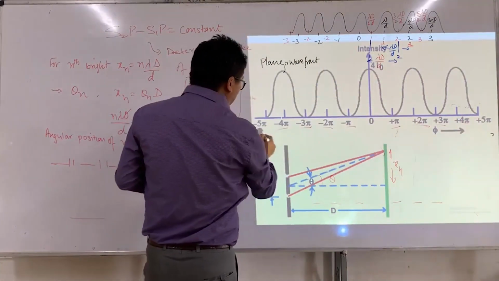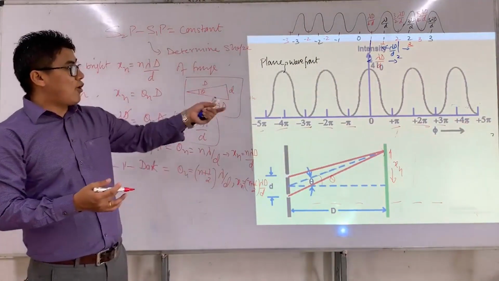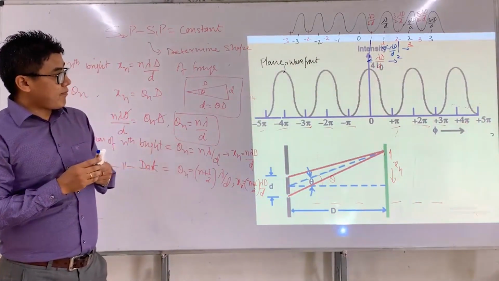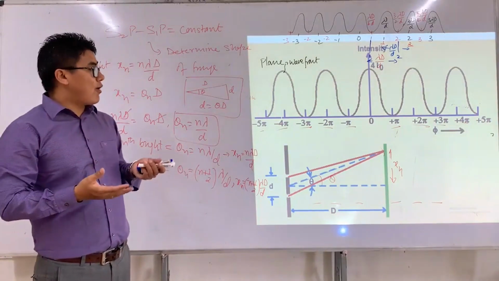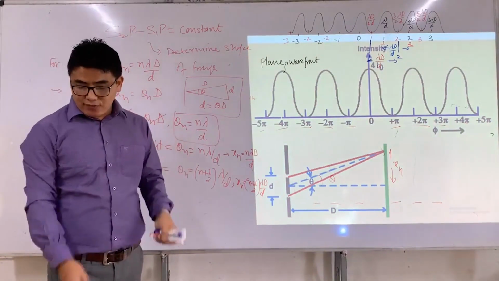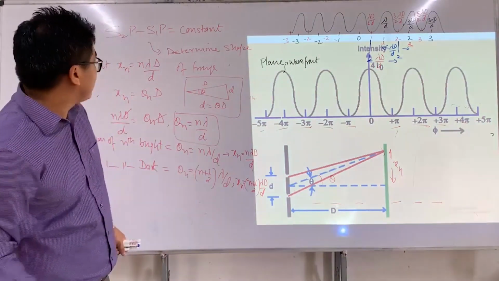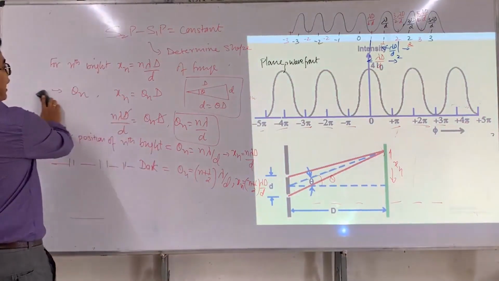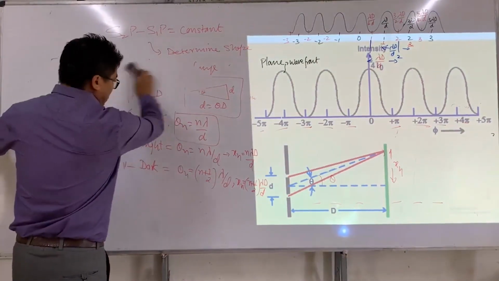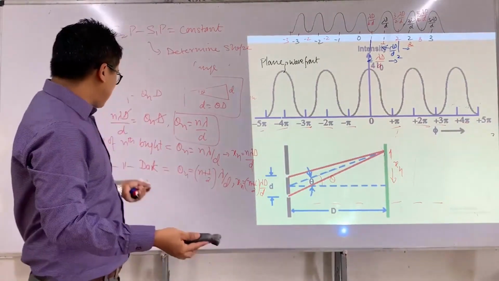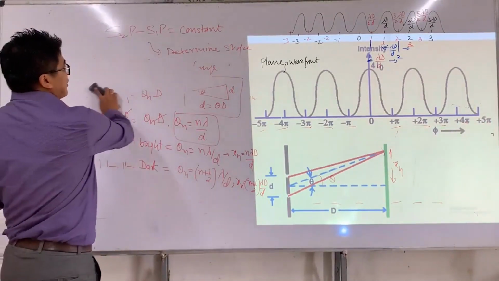So this is in terms of angle or phase, whereas the previous one we did in terms of path difference. Angular position is not exactly done in the textbook, however it is very important for examinations, so therefore I did it.